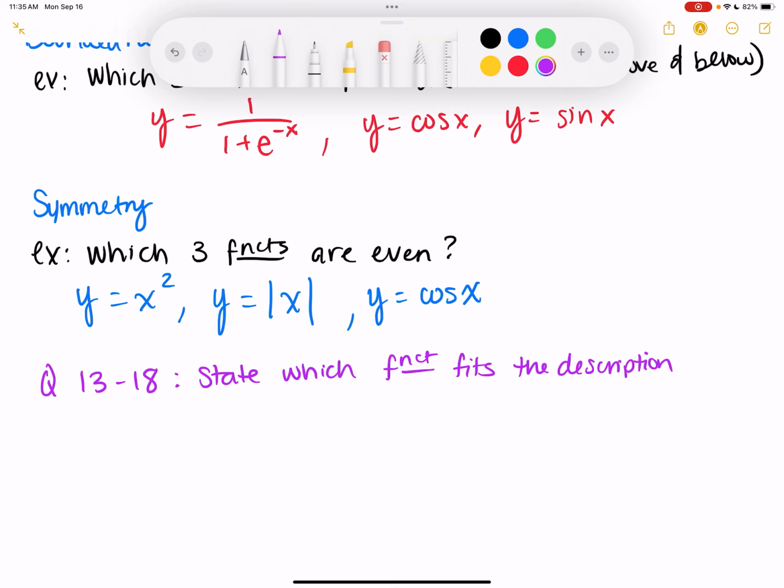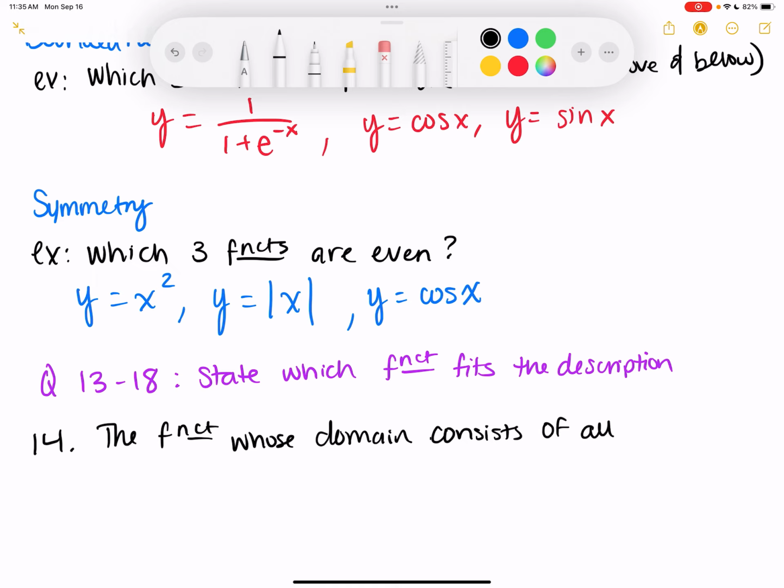So number 14 says the function whose domain consists of all non-negative real numbers.